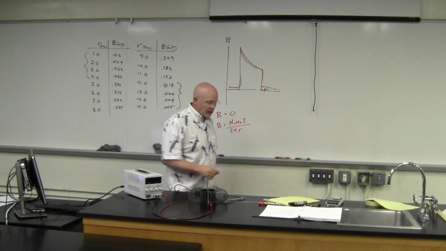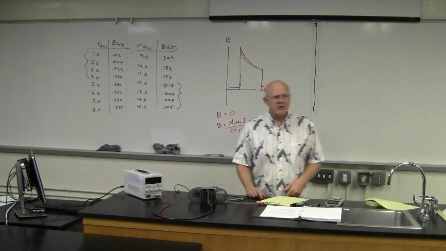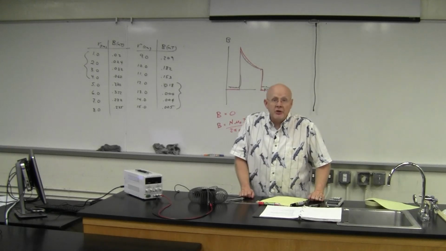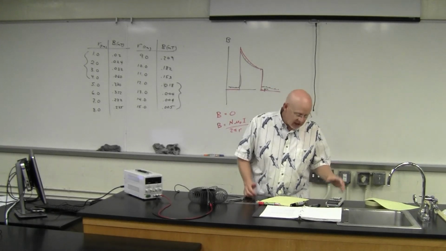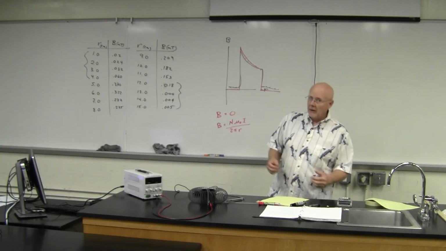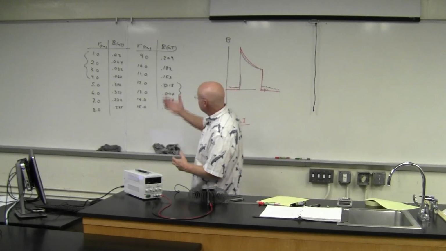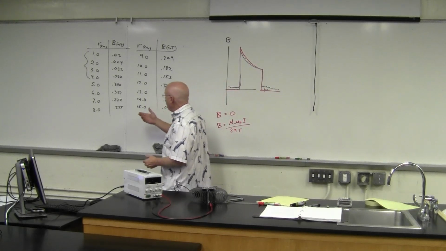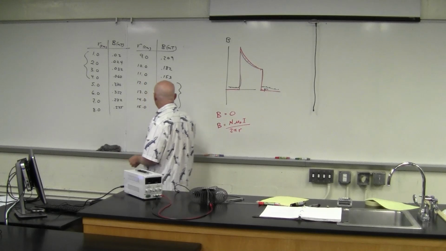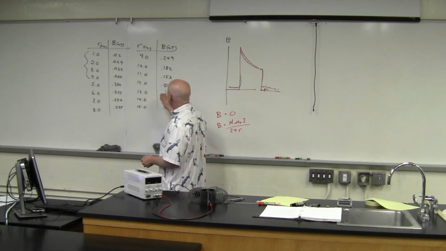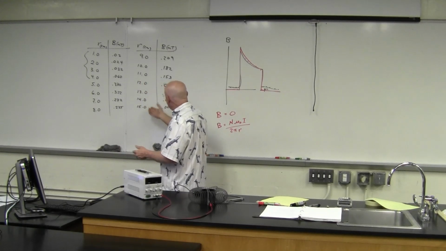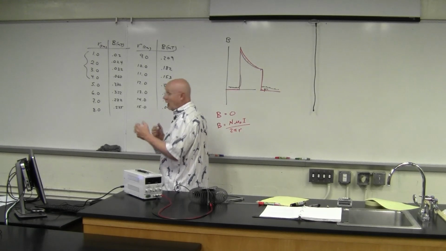But graphical analysis can't do that. There is no conditional option like there is in Excel. So if you want to do Excel, you could say, if R is less than 5 or greater than or equal to 12, put 0.